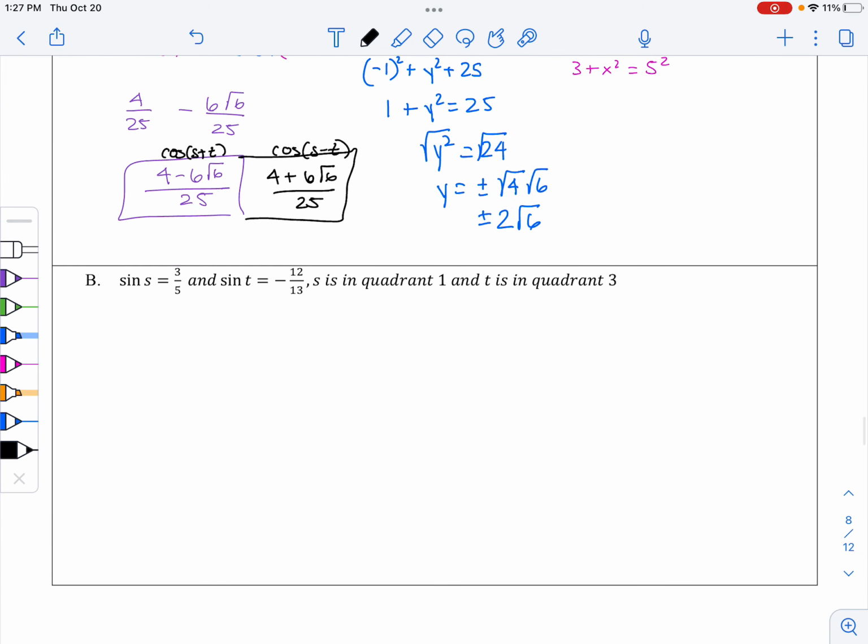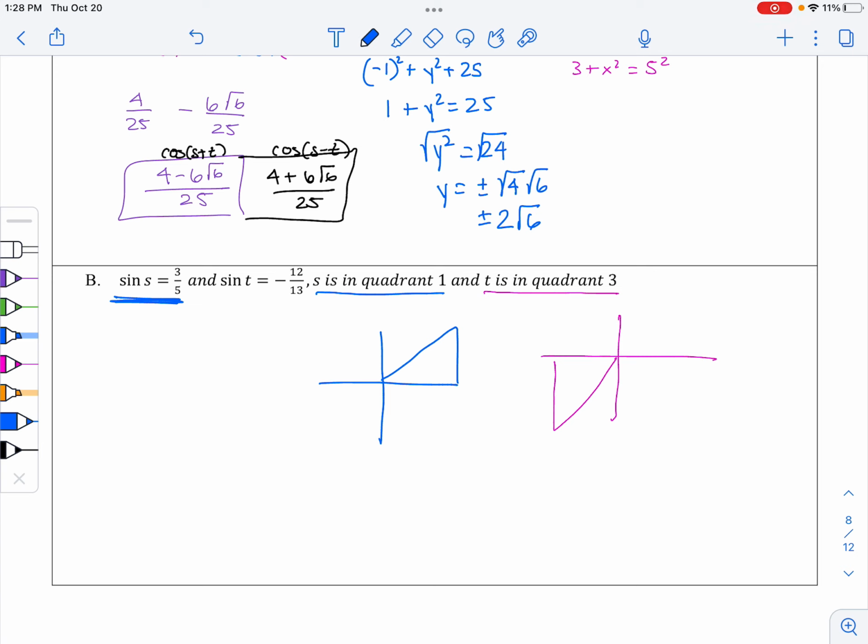Now the biggest difference in problem A versus problem B is here I'm giving you two different quadrants. I'm telling you S is in quadrant 1 and T is in quadrant 3. So make sure that you draw your pictures in the correct quadrants so that you have your correct positives and negatives. They gave me information about angle S. Angle S had a sine of opposite over hypotenuse, 3/5. We would have to do Pythagorean theorem in order to find that remaining side, which would be +4.